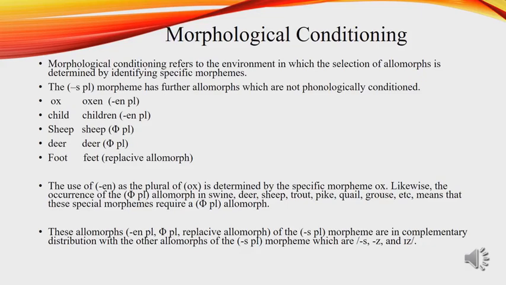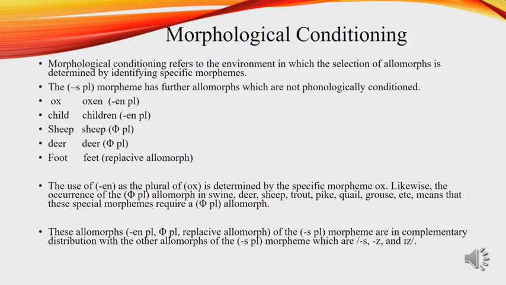With the next word, deer, and deer again the same. We have zero plural allomorph. So why do we have the zero plural allomorph in the plural form of deer?